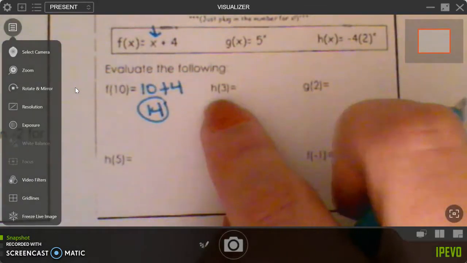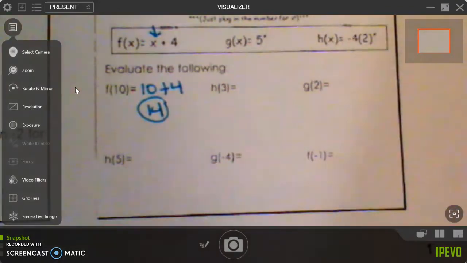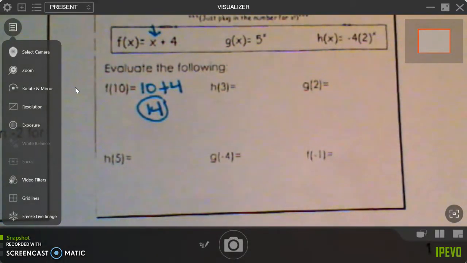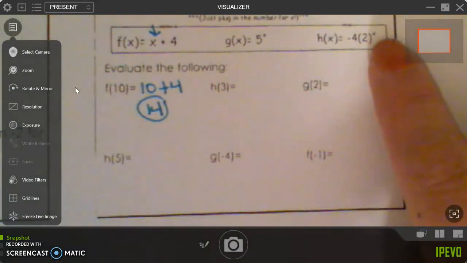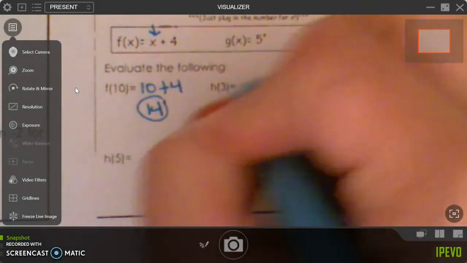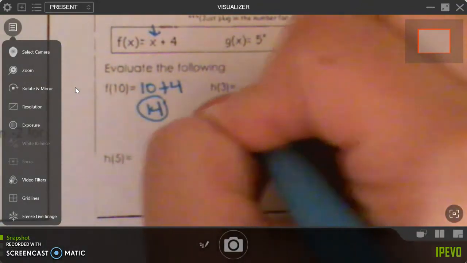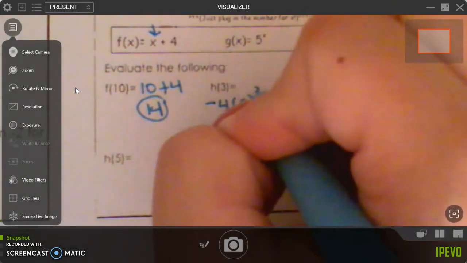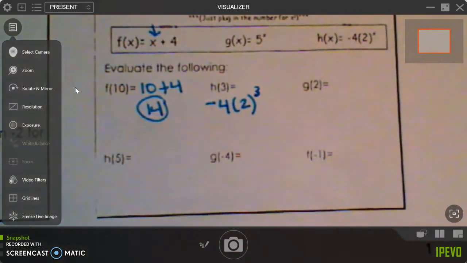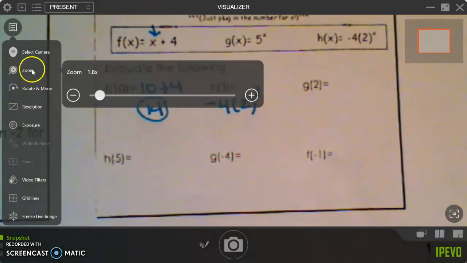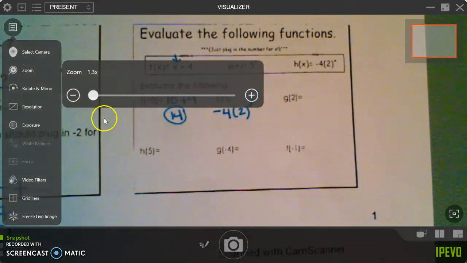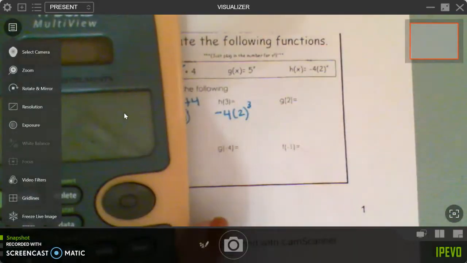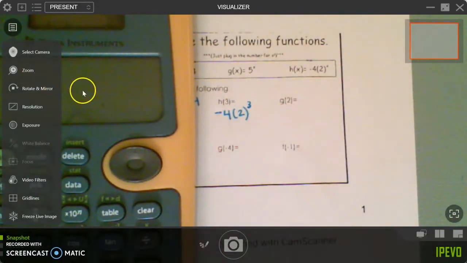Next, though, we're using the h function. So that's up here. So that one is negative 4 times 2 raised to the x power. So that's going to be negative 4 times 2, but the x is in the exponent, so you're putting a 3 up top. When you type this into your calculator, let me zoom out more.